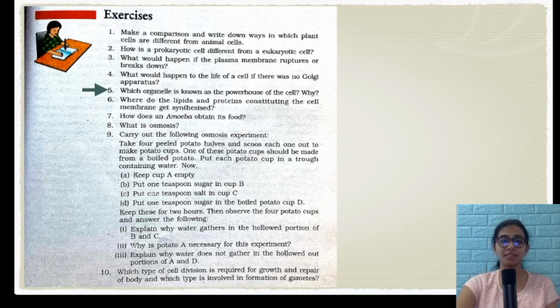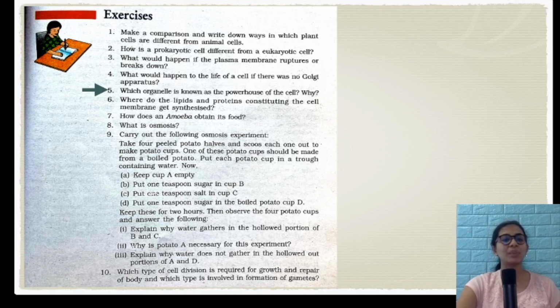Then, which organelle is known as the powerhouse of the cell? What does a powerhouse usually do? It generates power, it generates energy. Which organelle is responsible for generating energy for the cell? The mitochondrion, with ATP as the energy currency. Because it generates energy, it's called the powerhouse of the cell.